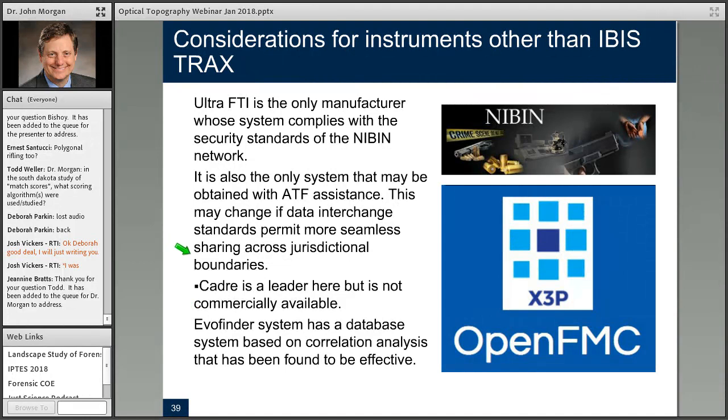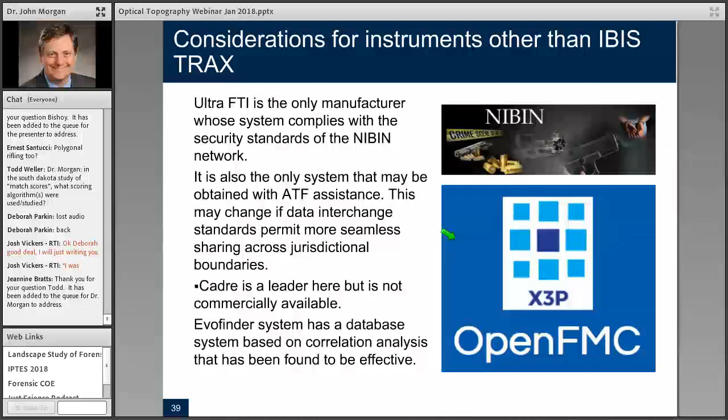One of the things that we also need to understand is that we really want to push the commercial community to allow for open data interchange standards. These data standards can be enormously beneficial to us. As I mentioned before, CADRE has demonstrated that data captured within a standard interchange format can be interoperable across these systems.